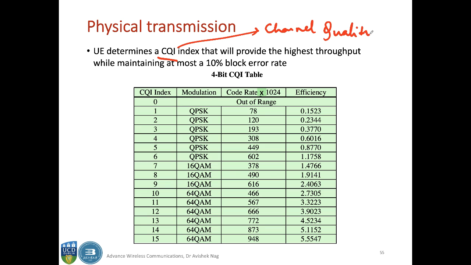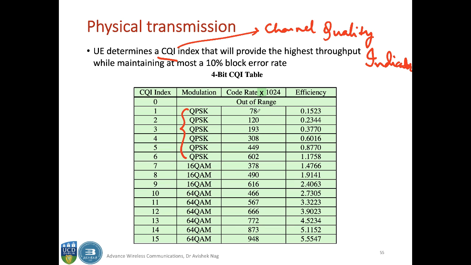So the CQI index gives you the condition of the channels, and then based on that you can use simple modulation formats like QPSK or higher order modulation formats like 16 QAM or 64 QAM.